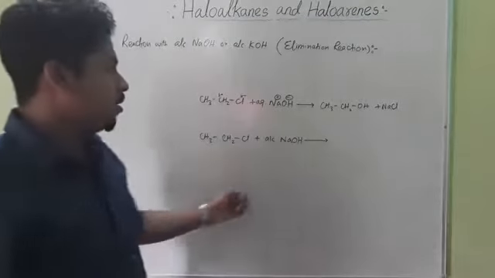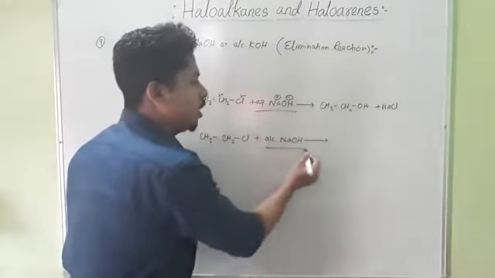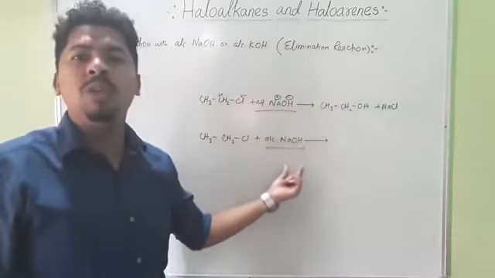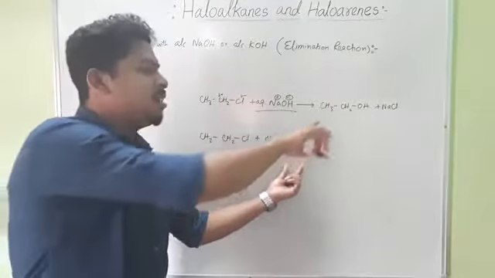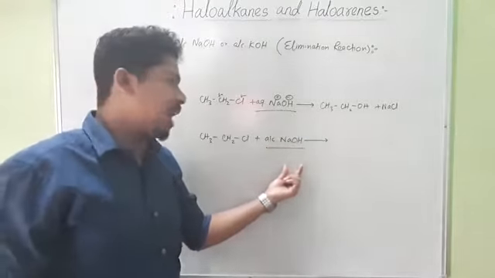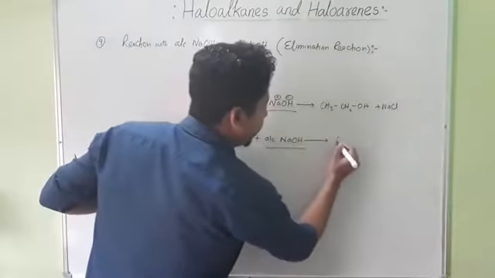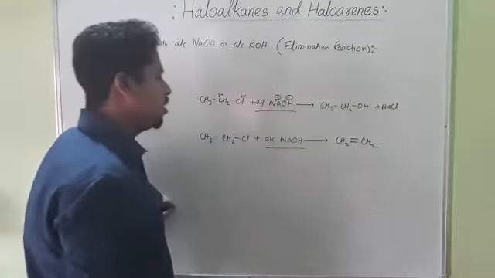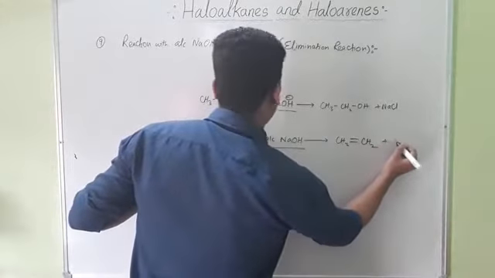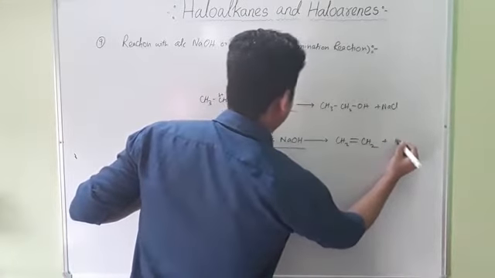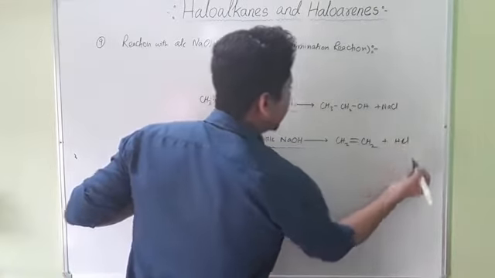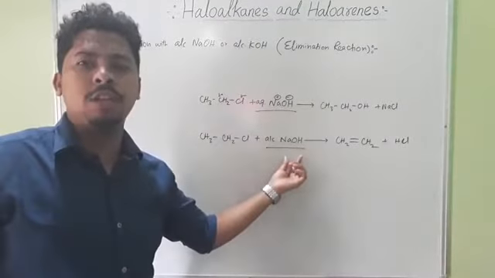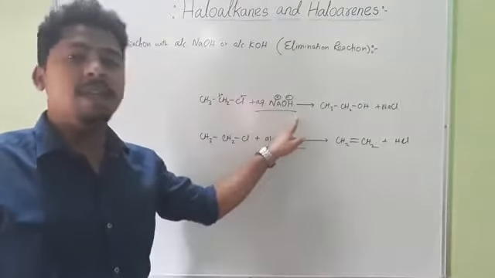When you use aqueous NaOH you get alcohol, but when you use alcoholic KOH you will not get the same product. You will get an alkene, that is CH2=CH2 plus HCl. So this reaction is an elimination reaction, but the earlier one is a substitution reaction.